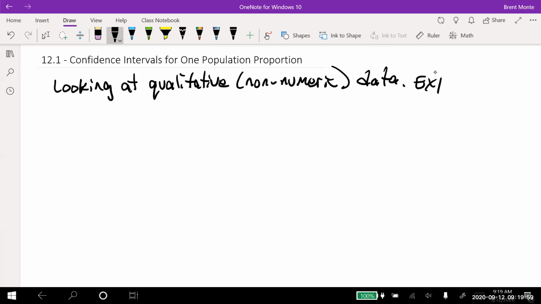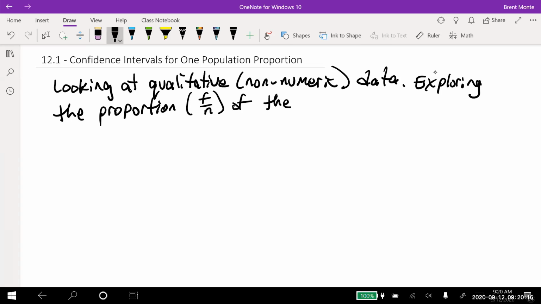Let's say we're exploring the proportion. Now remember, think F over N. Let's call that capital N because we'll talk about it as the population.